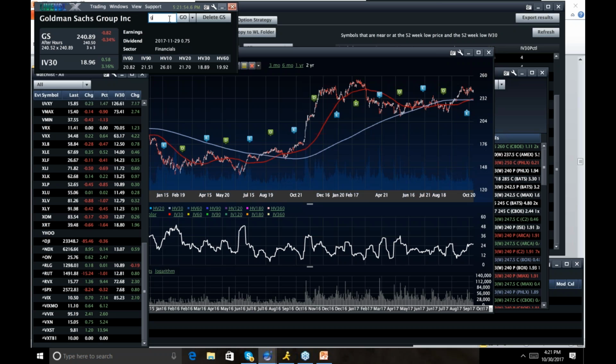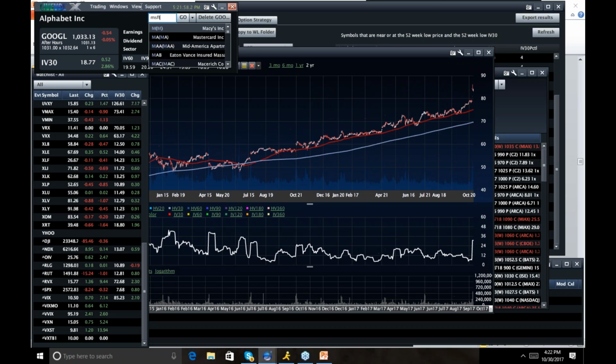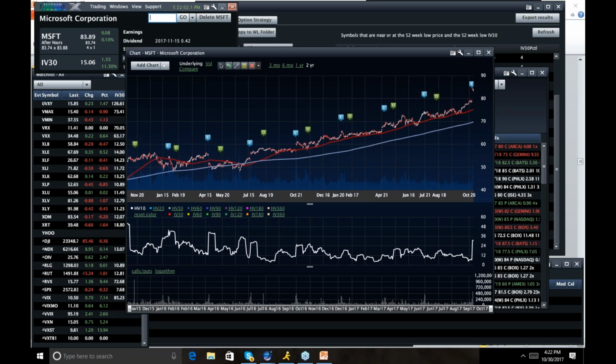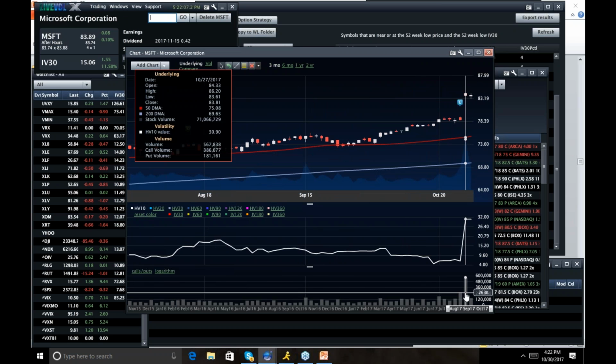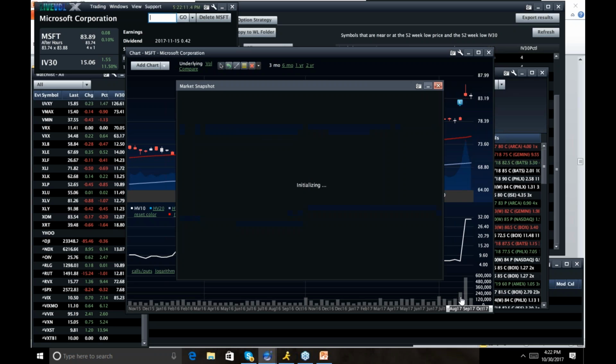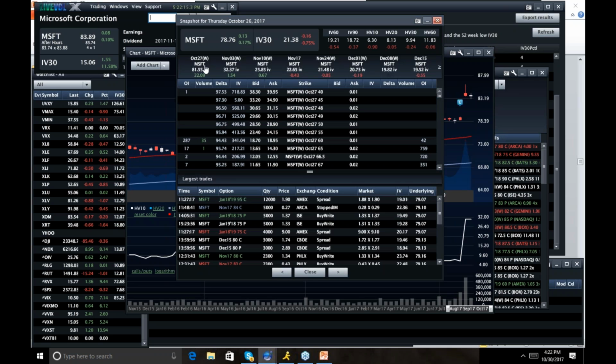So if I pull up a chart of Microsoft from last week, I can actually get a look at what the market was looking for. Microsoft 78.75.